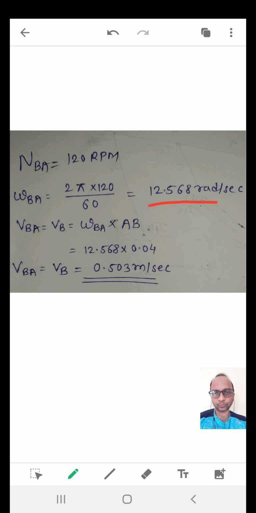But we know the relative velocity VBA equals omega BA multiplied by AB. AB is the length of the crank and it is 40 mm, so in meters, 0.04 meter. So multiplied by 0.04 multiplied by 12.56, we get the velocity of our crank VB, 0.503 meter per second.